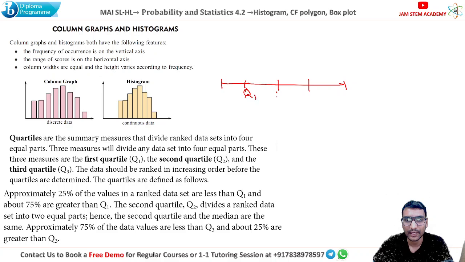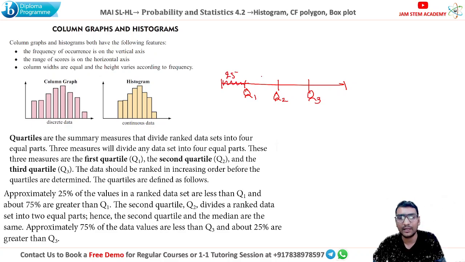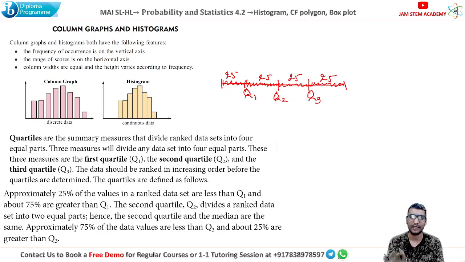The first one is quartile 1, quartile 2 is the median, and then the upper quartile, quartile 3. 25% of values are less than quartile 1, 25% of the total data lies between Q1 and Q2, 25% of the data lies between Q2 and Q3, and 25% of the data lies above Q3. Okay, it is just an estimation, it is not exactly 25%.